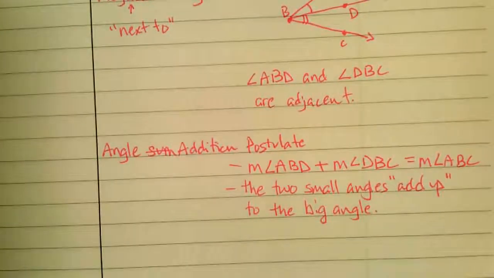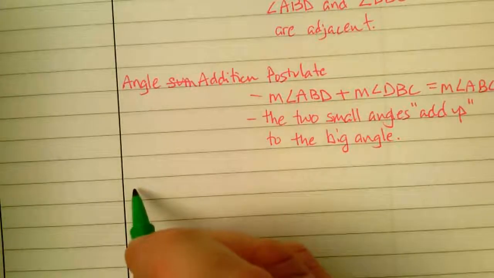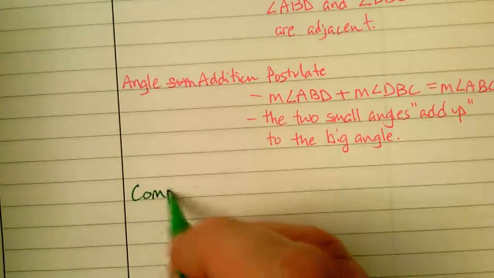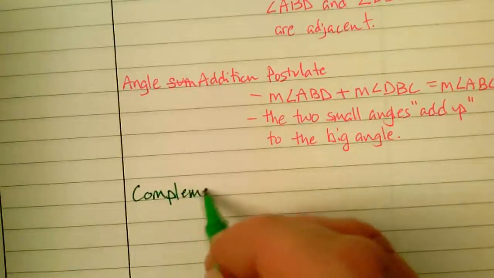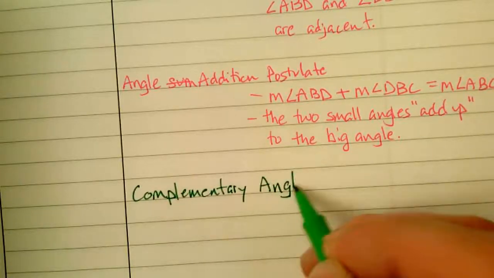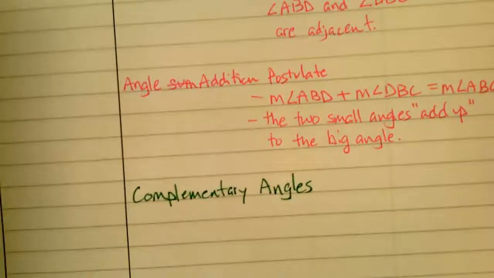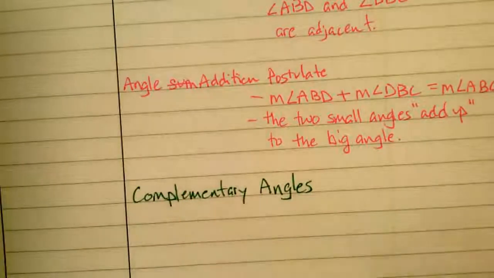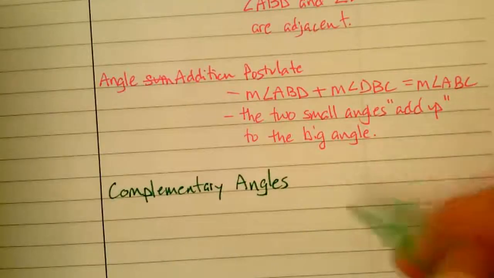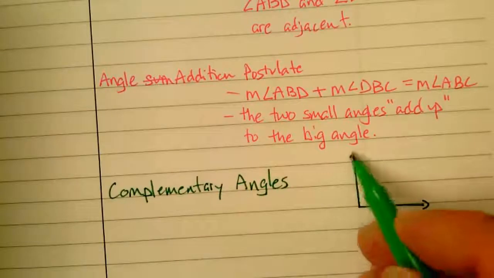Alright, next we have complementary angles. So two small angles add up to a big angle. Two complementary angles add up to 90 degrees. Okay.